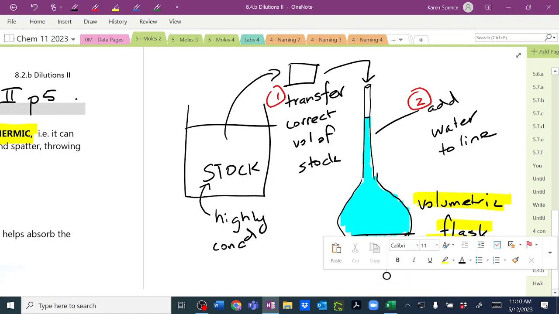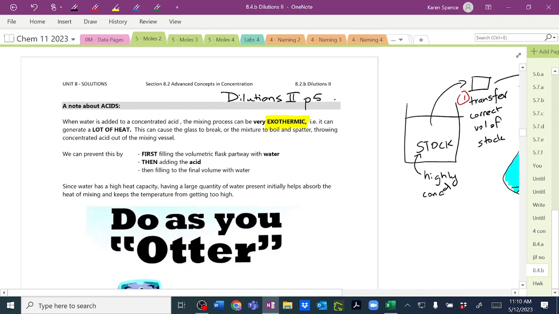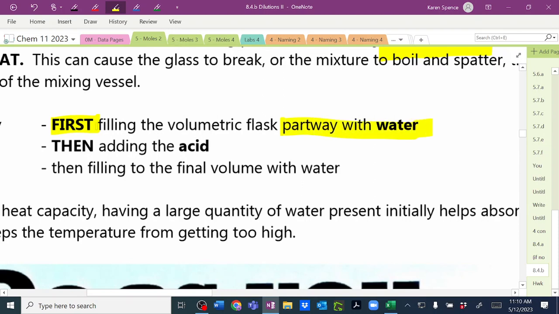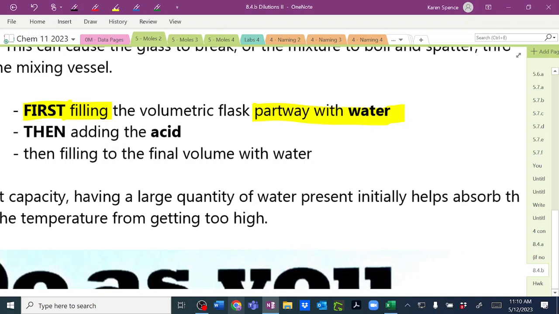So what we're going to do instead for an acid, we are first going to fill the volumetric flask partway with water. And the nice thing about water is water has a large heat capacity. Do you guys know what heat capacity is?